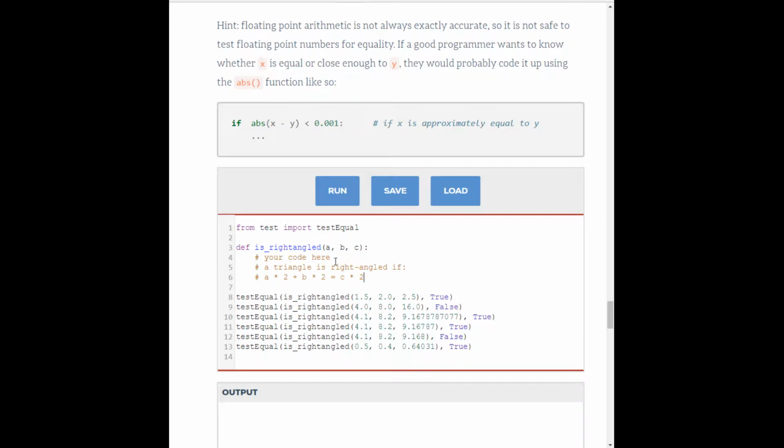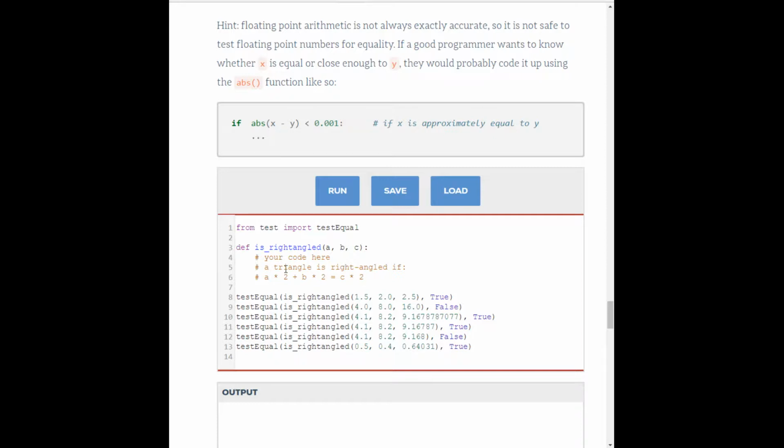Now, we get a little wrench thrown into our plan here, in that doing arithmetic, so adding floating point numbers together, doing arithmetic with them, is not always super accurate. Floating point numbers can get kind of funky, and we only have so much memory to deal with floating point numbers.